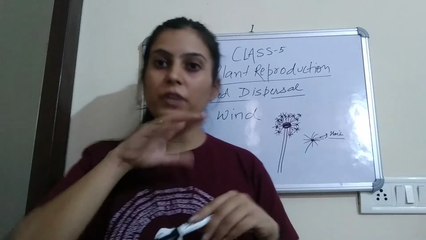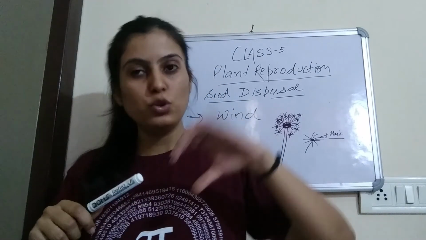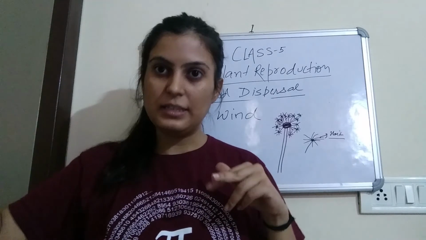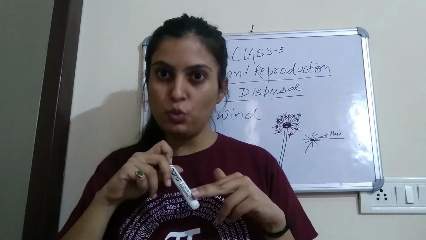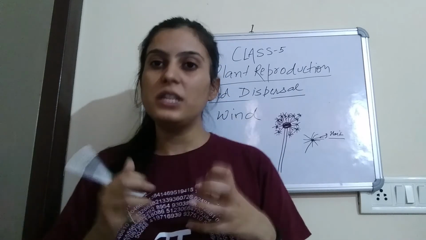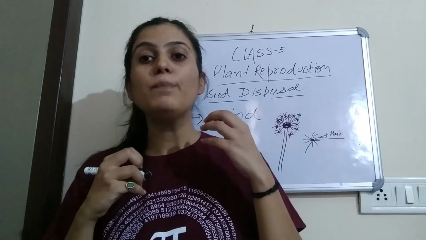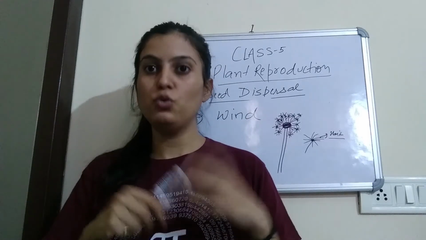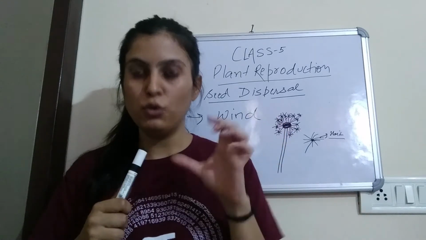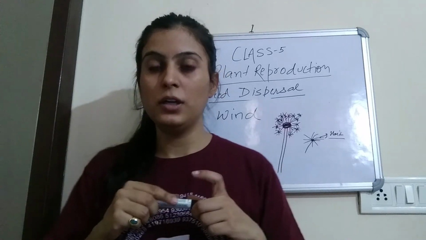With that fibrous coat, the coconut floats on the water and is taken to far away places, and when it reaches the shore or gets the proper conditions to germinate, the coconut seed germinates and grows into a new plant.